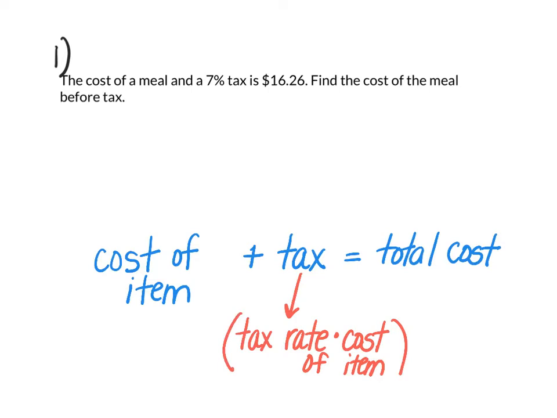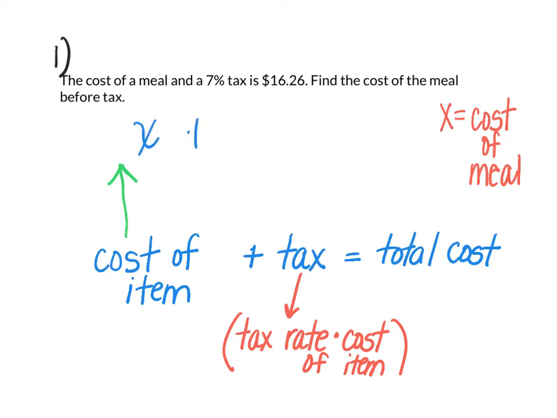So let's think about this in regards to this problem. We're trying to find the cost of the meal, so I'll say that X is equal to the cost of the meal. It's always important to identify what your variable is going to be. So I have my meal, which the cost of the meal is X. Now I have to add the tax to it.